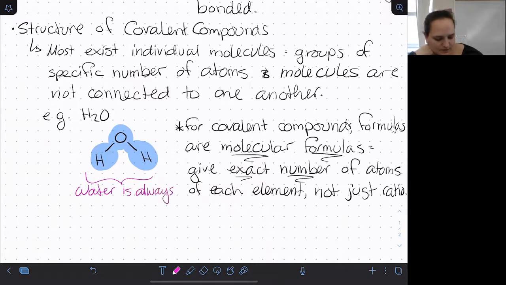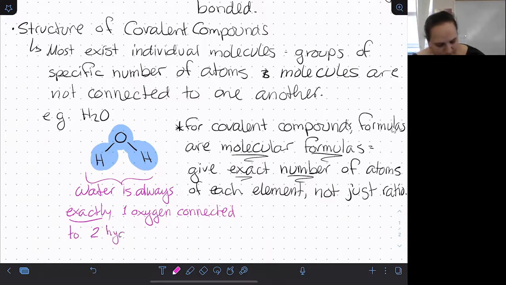So water is always exactly one oxygen connected to 2 hydrogen, not simply a 1-to-2 ratio.